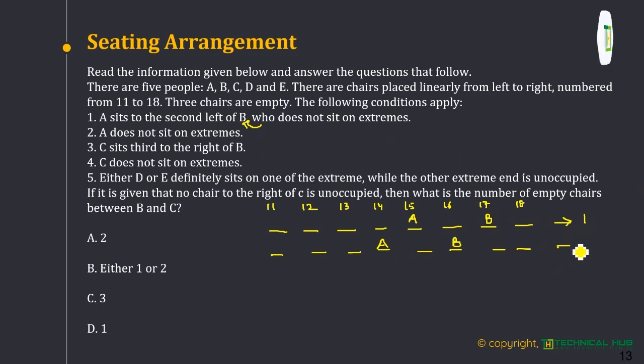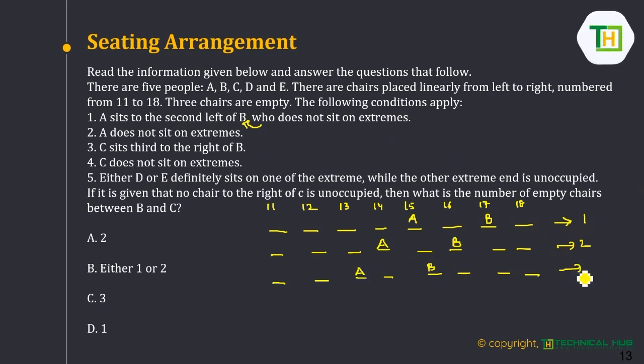This is the second condition, meaning possible ways. Suppose I take B position as the 15th position. So this is 1, 2, 3, 4, 5, 6, 7, 8. B position is 15th, so A position is 13th.